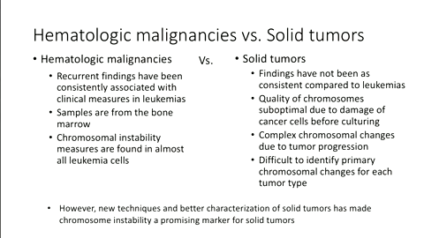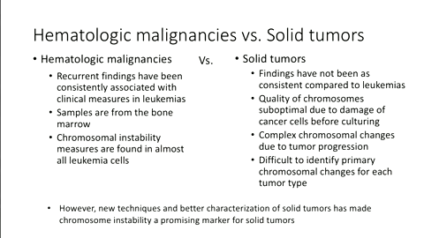The quality of the chromosomes is suboptimal because of the cancer cells before culturing, and there are also complex chromosomal changes due to tumor progression. So it's difficult to identify primary chromosomal changes for each tumor type.